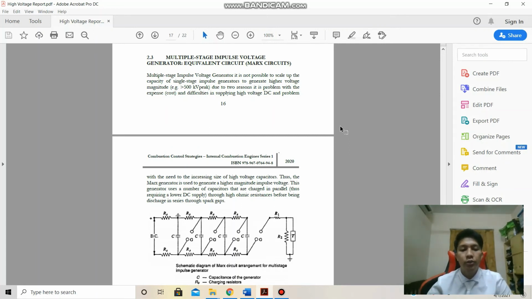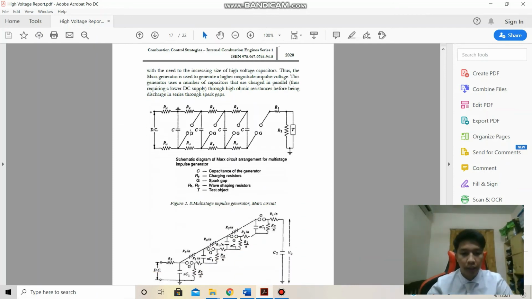This generator uses a number of capacitors that are charged in parallel through high ohm resistance before being discharged in series through spark gaps. You can see this is the multi-stage impulse generator Marx circuit.